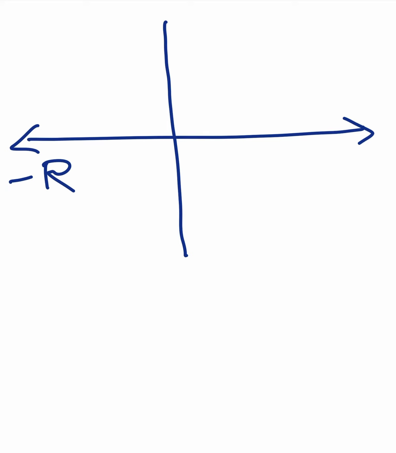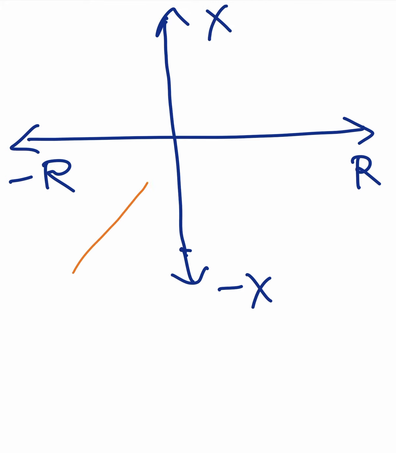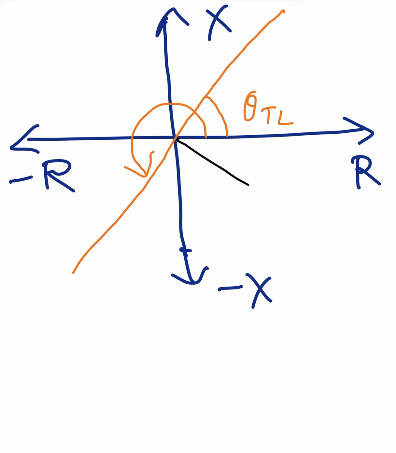Next, we have to plot the graph with minus R, R, X and minus X axes. Here is the plot for the relay.